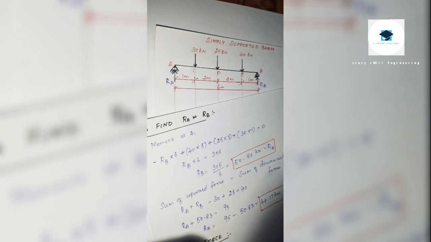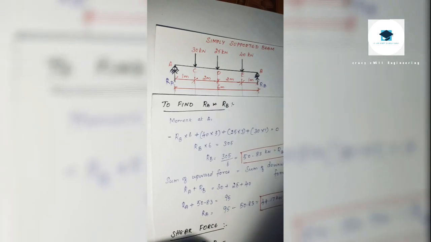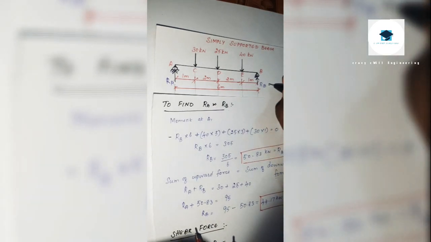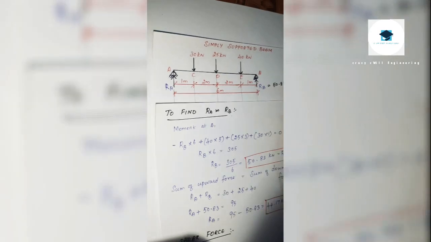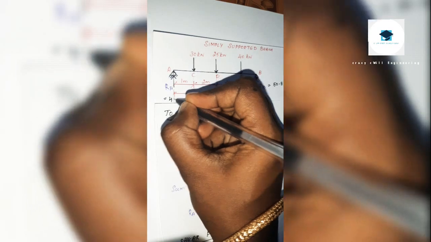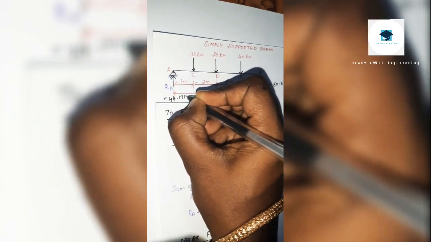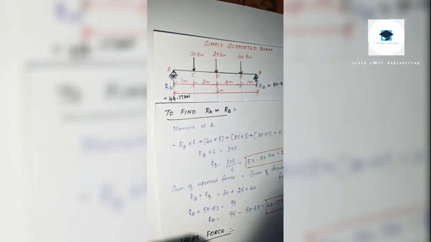Now write the values on the diagram. RB equals 50.83 kilonewton, RA equals 44.17 kilonewton. To find reactions, this is the procedure.